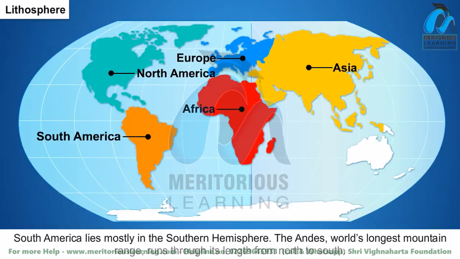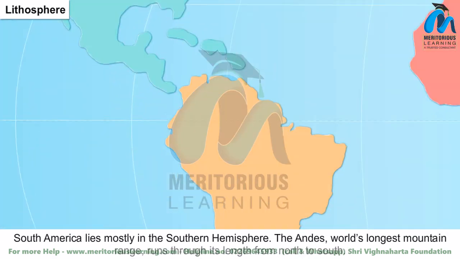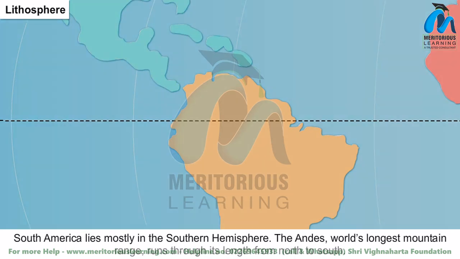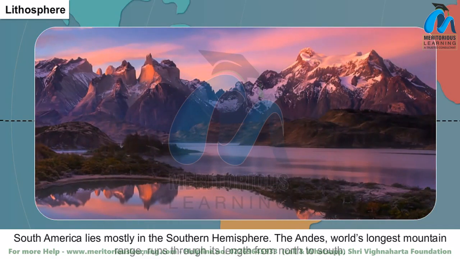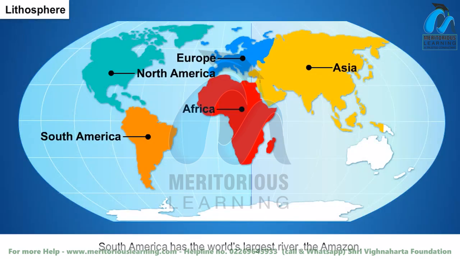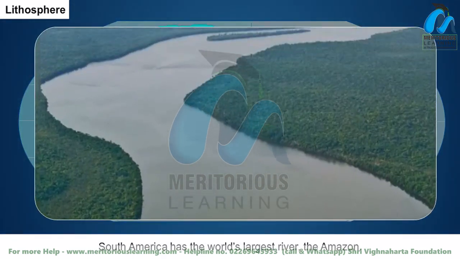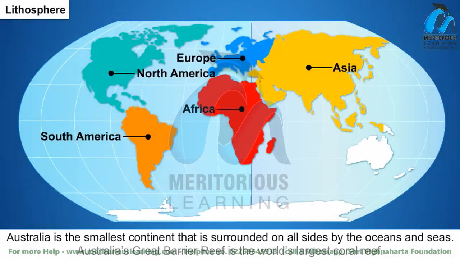5. South America lies mostly in the southern hemisphere. The Andes, world's longest mountain range, runs through its length from north to south. South America has the world's largest river, the Amazon. 6.